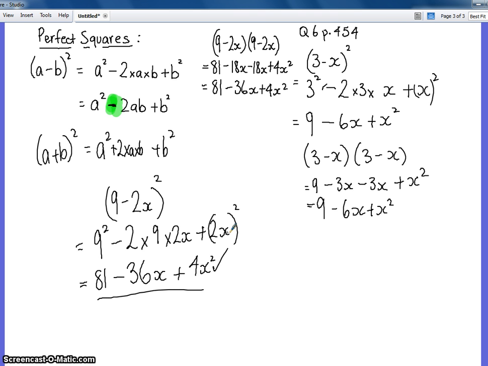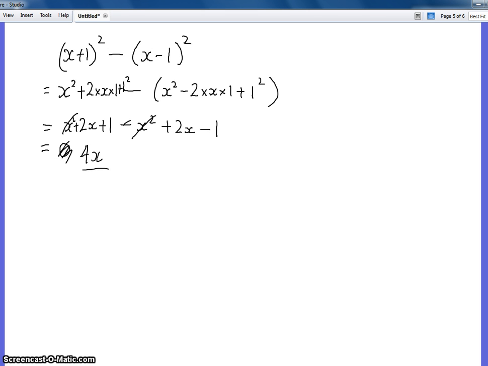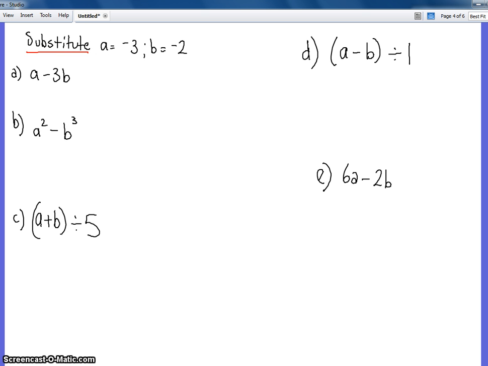Alright? Okay, so what substituting means is basically where you had an unknown, you now have a known. So in all of these questions, we didn't know what this was, we didn't know what this was. And when we look back at these questions, we don't know what these are until we're told.